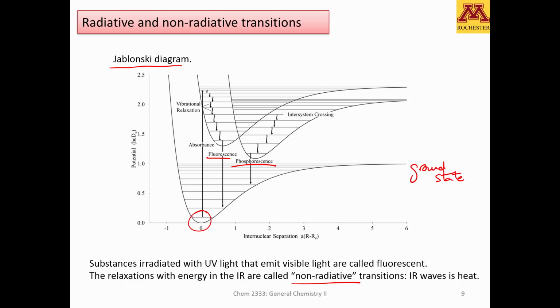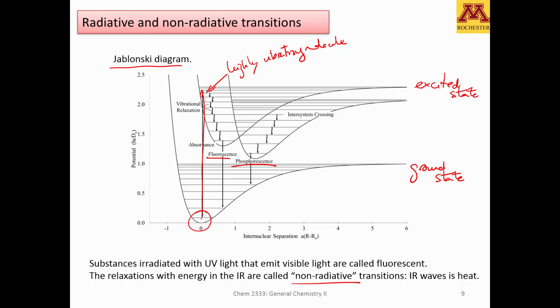Most of the molecules will be at this distance, so they will absorb this energy and end up as a highly vibrating molecule in my excited state, a different arrangement of electrons.